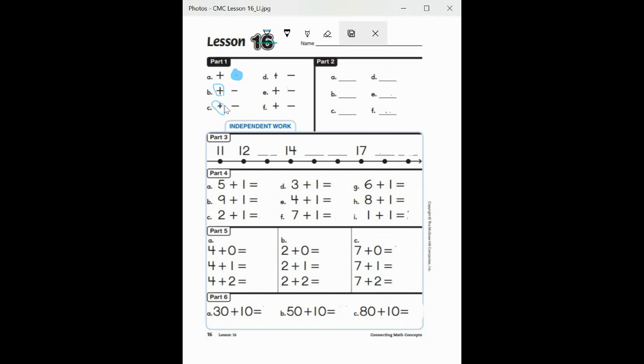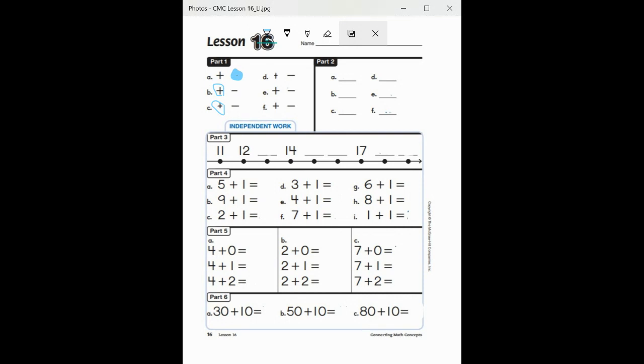That means there's more people on the plane now. Now you're going to complete the rest on your own. I'm not going to complete them on the screen with you. You're going to listen to the sentence, circle if it should be a plus or minus, and then when you're all done with today's lesson, you'll take a picture and you'll send it to me through email or through Remind.